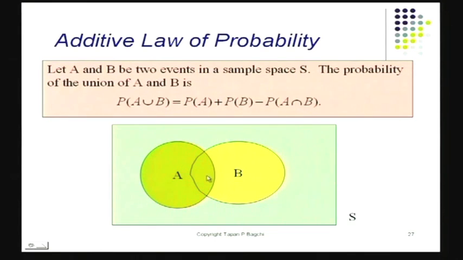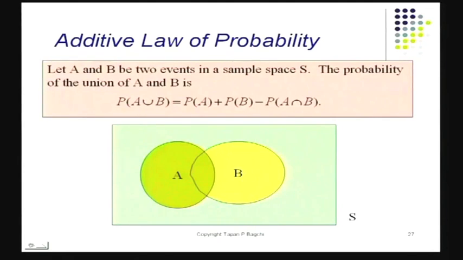So if we have to really look at the probability of A union B, we have to subtract this area, which has been counted twice. Once it has been counted using A, when I'm counting P(A), it is there. A intersection B is already in A, and A intersection B is also in B. Therefore, I have to take it out. It's been counted twice when I write this expression, P(A) plus P(B).